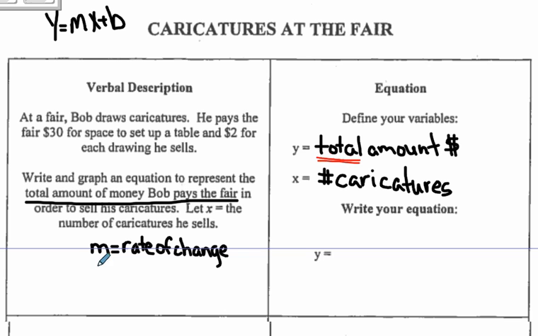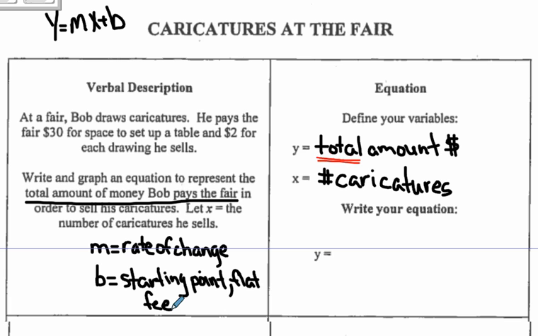And the b, that is our starting point. We also like to say it's our initial fee or our flat fee, right? Wherever we're starting.